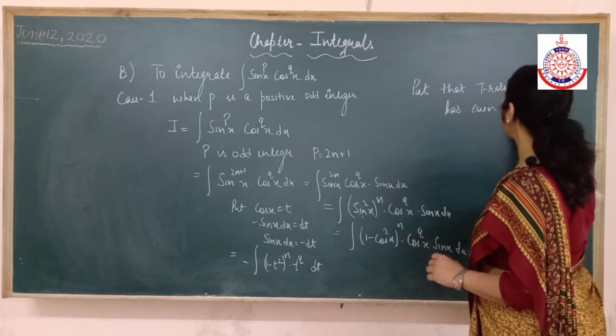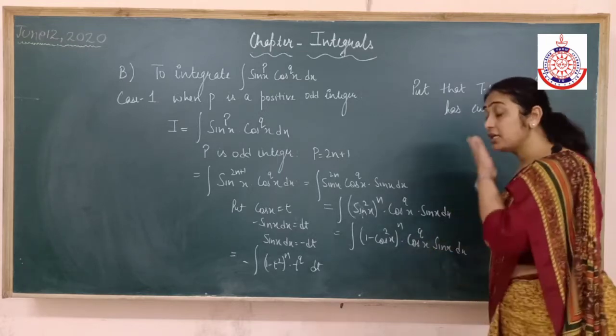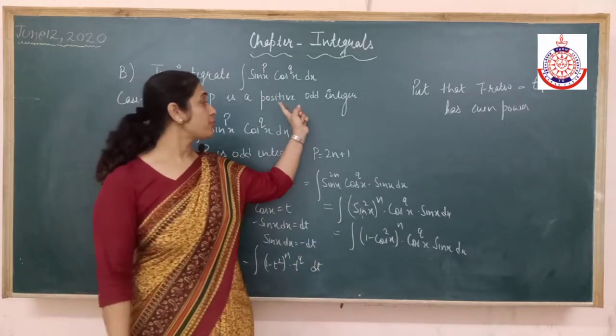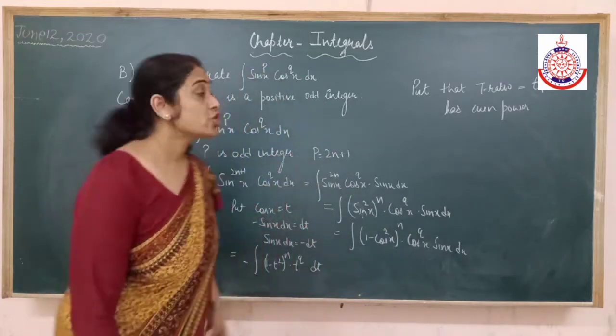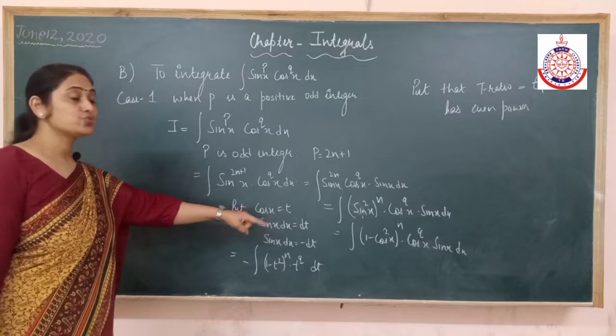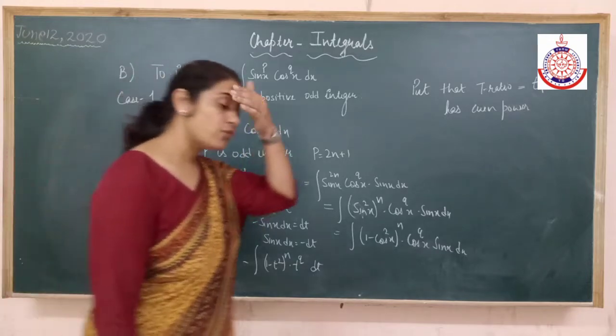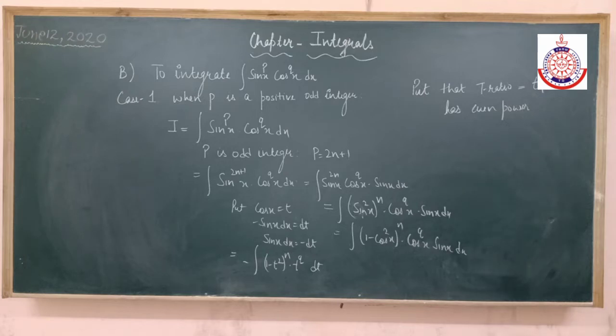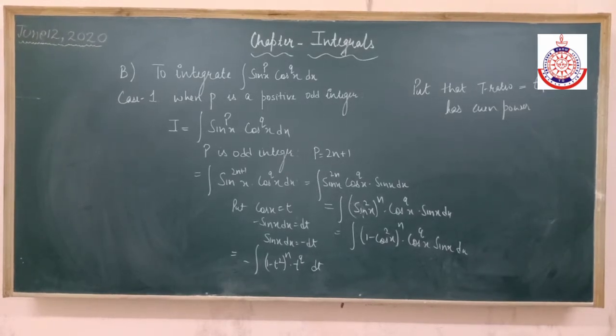If sine has a positive odd integer power, I'll put cos x equals t, and the whole quotient will fall into a proper place, in such a function which we will be able to integrate.